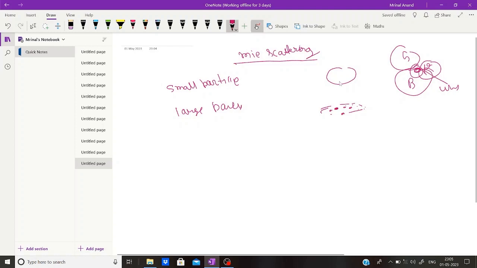Because when the red light or the green light have a high wavelength, then the particle size or the diameter of that particle must be equal to or greater than the wavelength of that incident radiation.